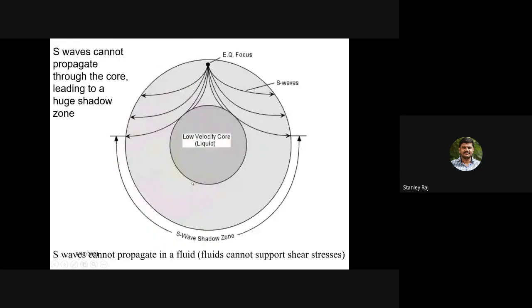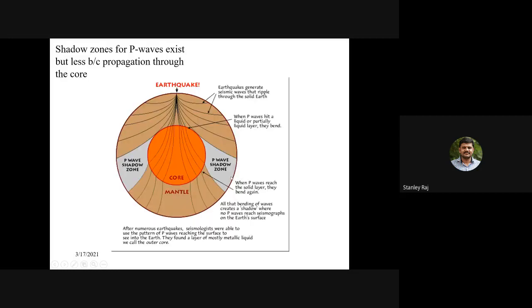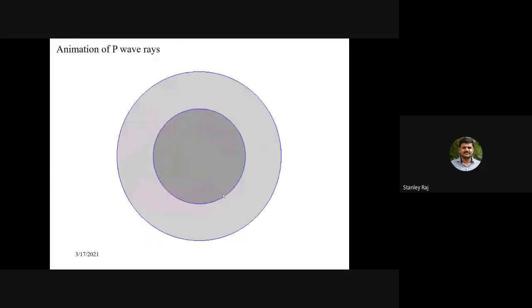In the previous slide, you can see the seismic S wave shadow zone, where no S wave was obtained at the seismographs located at these stations. Here is the P wave shadow zone, which has been obtained because of the bending of P waves when they reach the outer core.